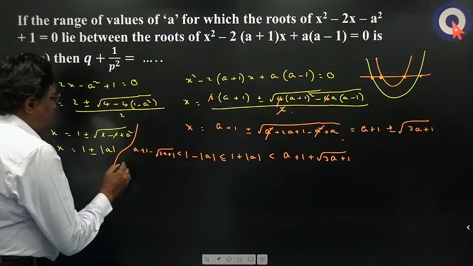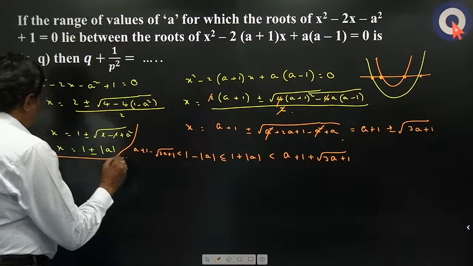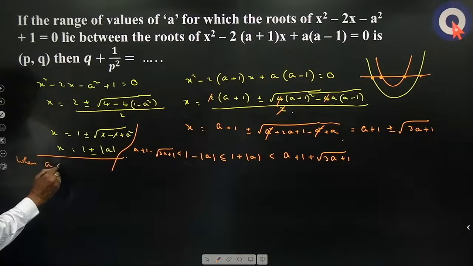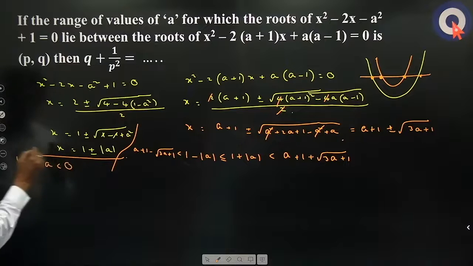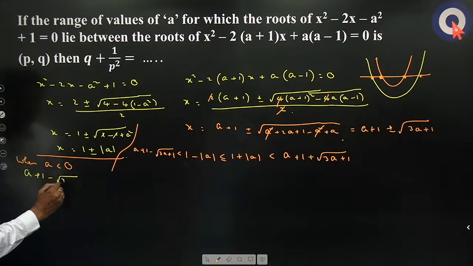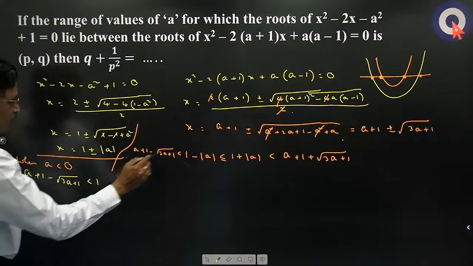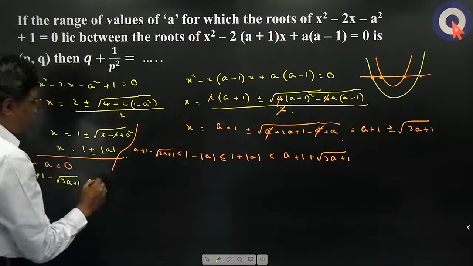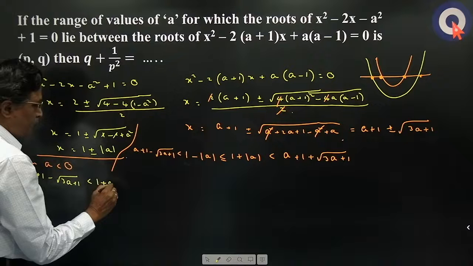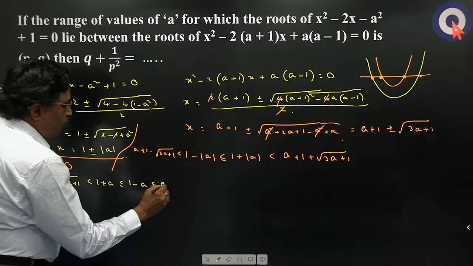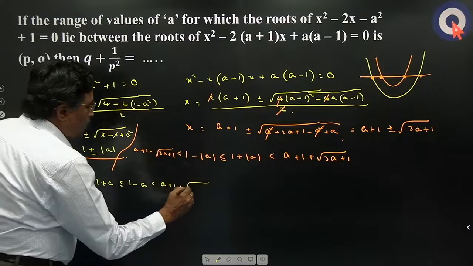So when a is less than 0, you have this inequality: a plus 1 minus root of 3a plus 1 is less than... When a is negative, mod of that is minus of that. So this becomes 1 plus a less than or equal to 1 minus a less than a plus 1 plus root of 3a plus 1.